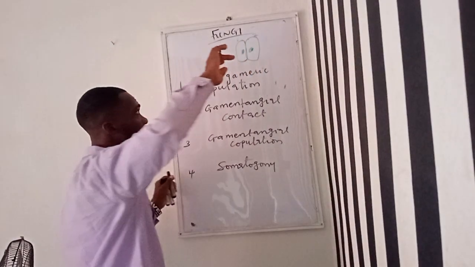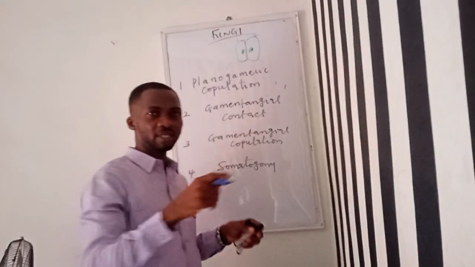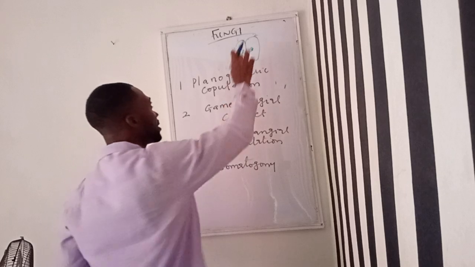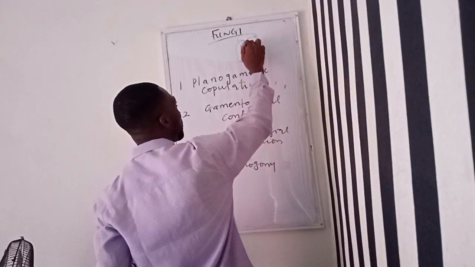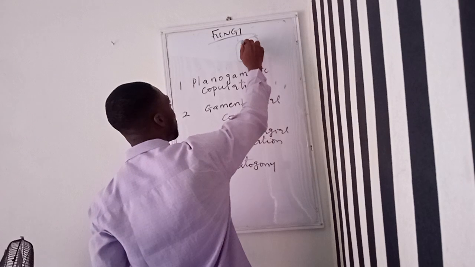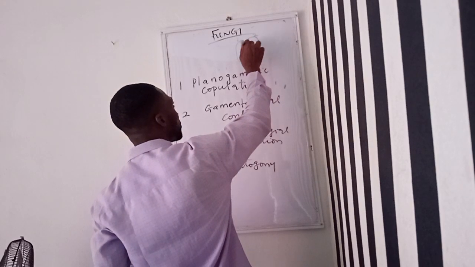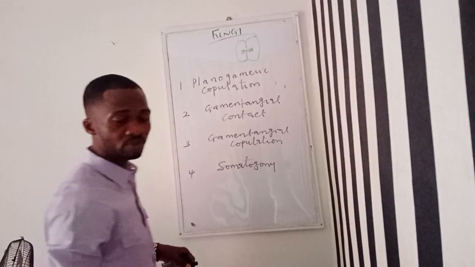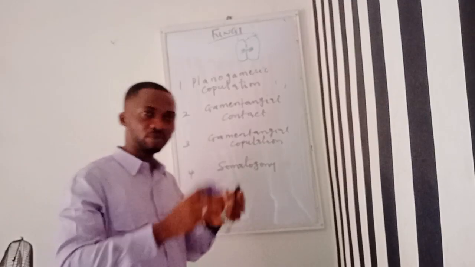Now, this fusion can be through a pore that develops at the point of contact. A pore means a hole can develop at this point of contact in such a way that the entire nuclei of the two fungi will fuse together.